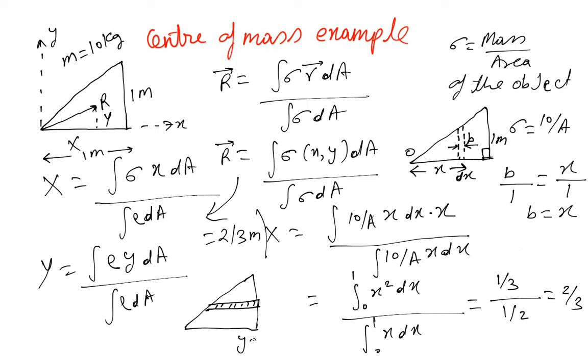So I think y should also be 2 over 3. So the center of mass is somewhere here, 2 over 3, and then 2 over 3 on the y-axis also. So there's a lot of calculus in this. It's just calculus actually. Use calculus and find the value of center of mass.